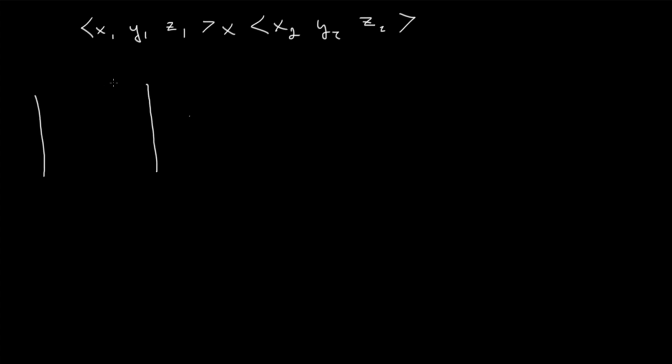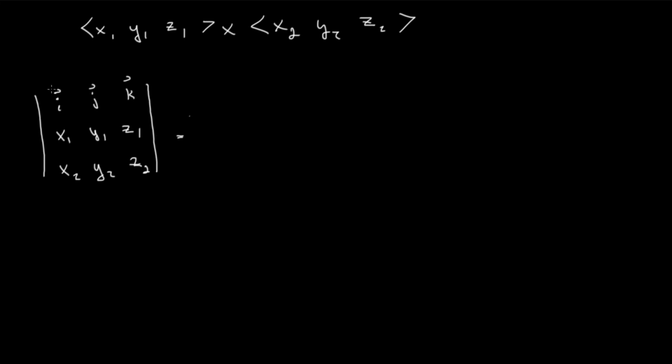In my top row, I'm going to have I, J, and K. In my second row, I'm going to have the first vector. And please keep in mind that the first vector must go in the second row. You can't put it in the third. As we talked about earlier, the vector cross product is not commutative. And in the final row, we're going to have x2, y2, z2. The determinant of this augmented matrix is going to be the cross product.